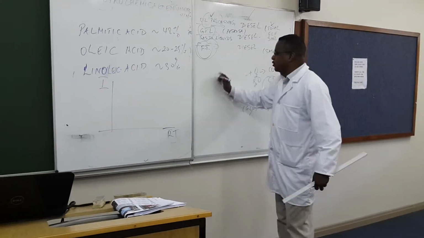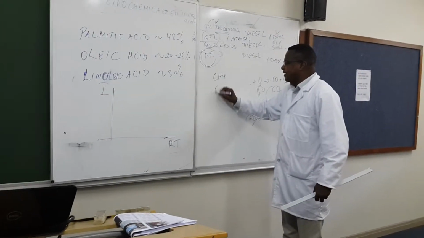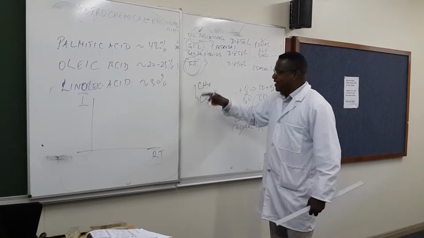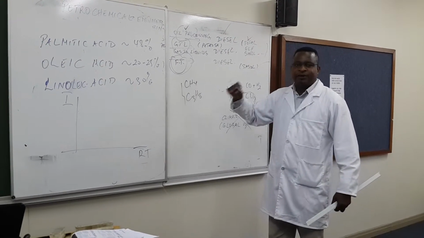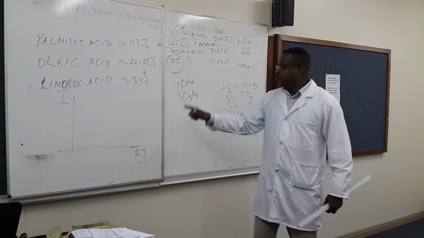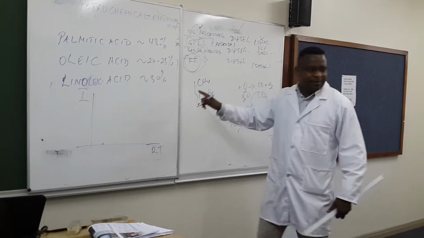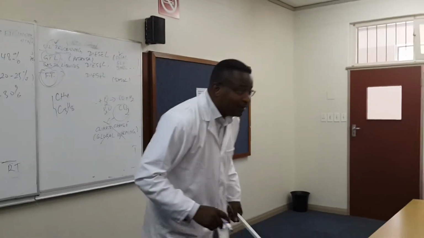Let's say, for example, your sample was made with methane, propane, and so on. If you inject this in your GC, which one will come first in terms of retention time? Methane or propane? It's going to be methane, then propane.